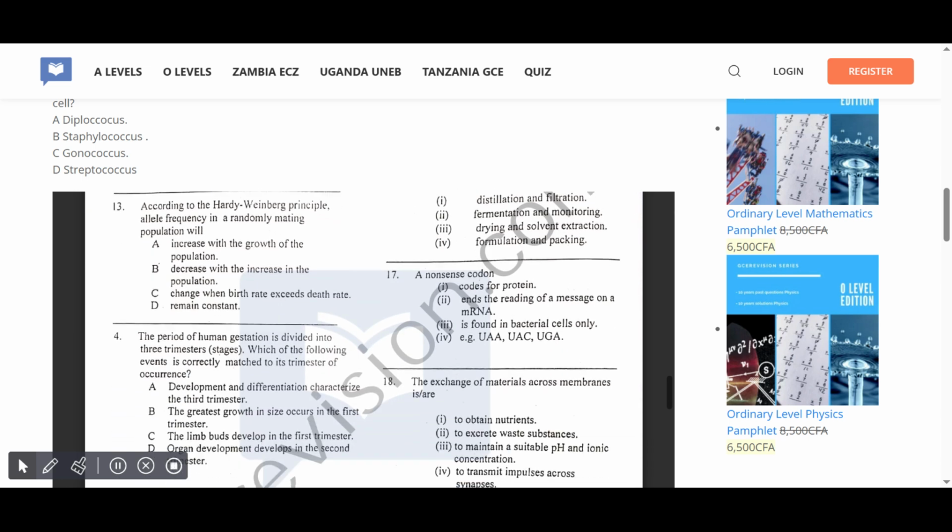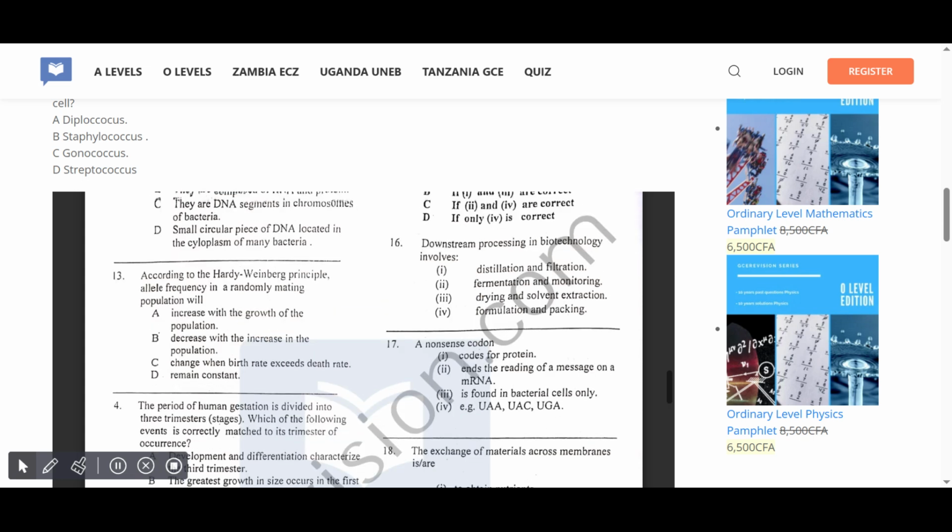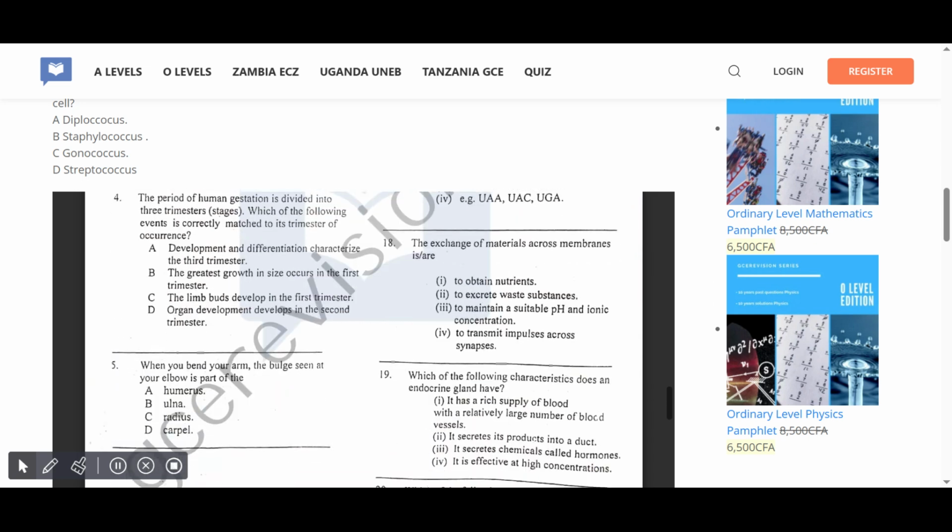Question 18. The exchange of materials across membranes is or are. The answer is A. Then question 19.